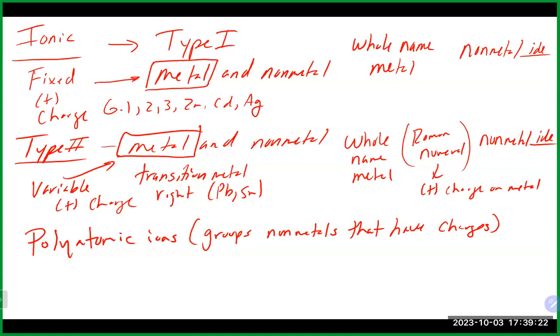They move around as groups because they are sharing electrons. They're really bonded to each other. But overall, because of who they're bonded to and the distribution of the electrons, it does end up having a charge. So most of the polyatomic ions are negative, and most of them will end in either ate or ite. And again, ate is the most oxygen, is how those guys should end, and ite is the least oxygen.